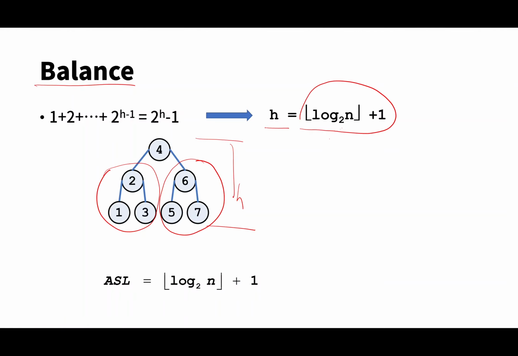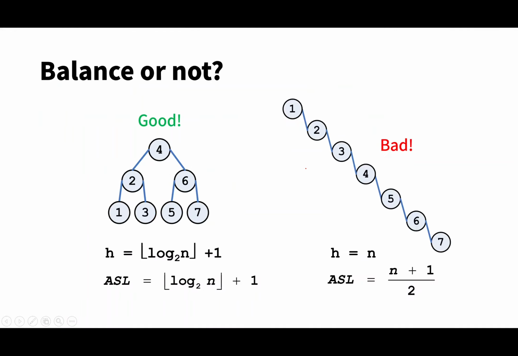This number is less than n when n goes to infinity. So for this kind of tree, the search, insert, and delete operations are very fast.